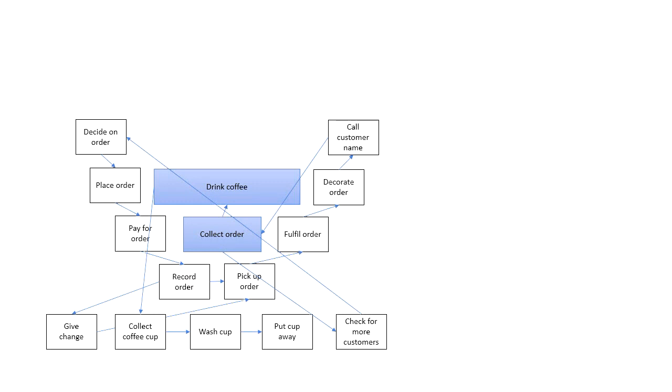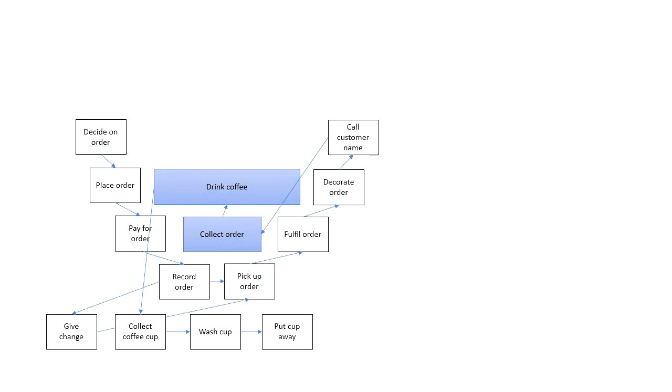So looking at this, our target audience is a person who wants to order a cup of coffee. So what bits do we have here that don't really belong? Well, this bit here, check for more customers. A person ordering a coffee doesn't want to look behind them and go, oh, are there more people there? They don't care, they got their cup of coffee.